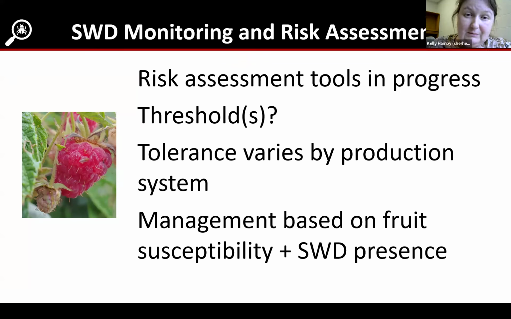And your tolerance for having spotted wing Drosophila in your fruit is going to vary by your production system. There are situations that have zero tolerance, and there are situations that have a little bit more tolerance for having a few larvae in the fruit. So management is going to be based on spotted wing Drosophila susceptibility of the fruit. If it's turning color, it's susceptible. And then if they're spotted wing active.